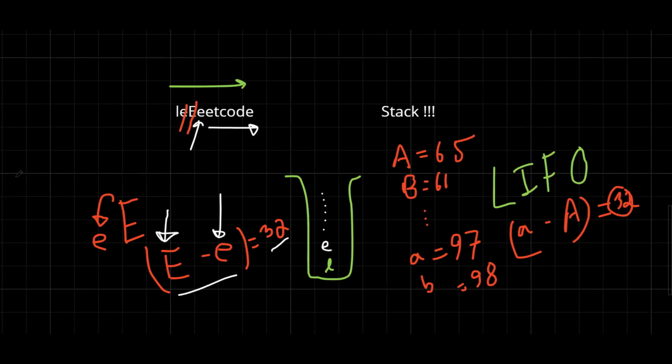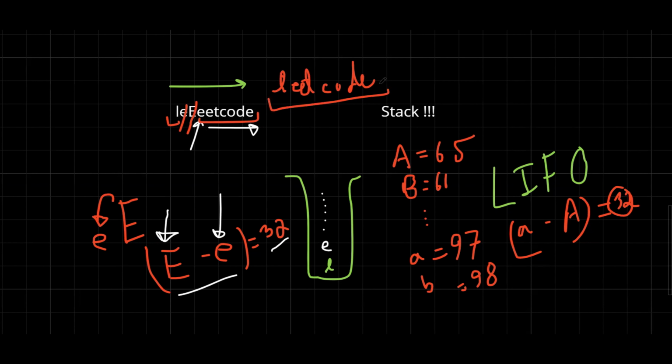So the final result will be small l E E T C O D E, which is small l is this, and the rest of the characters are this. So this is a good string.